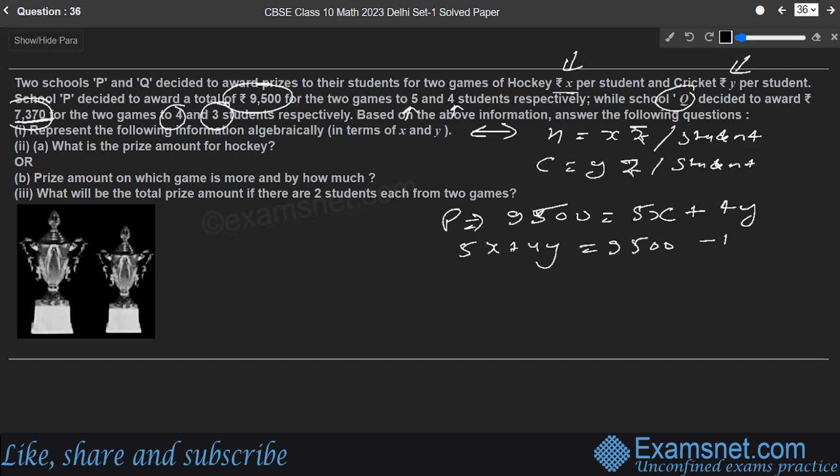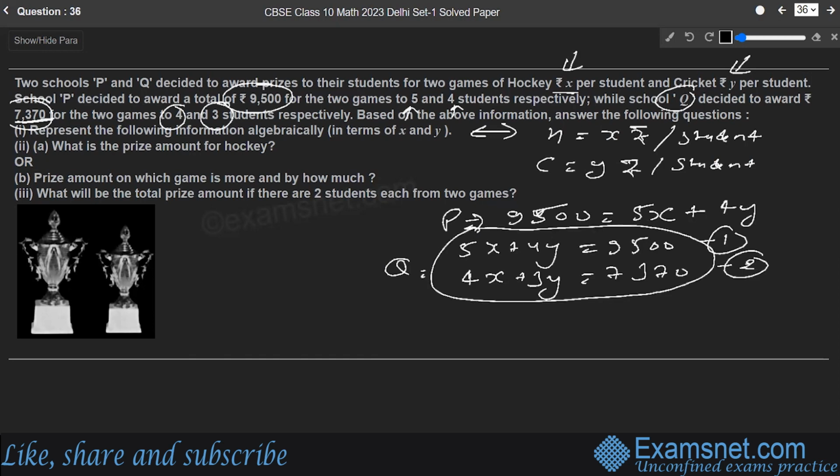This becomes the first equation. Similarly, we can form the other equation for school Q. There are 4 and 3 students for hockey and cricket respectively, and the total sum is 7,370. So 4x plus 3y is equal to 7,370. This becomes equation number 2. So we have expressed the situation in the form of algebraic equations, and the first part is done.